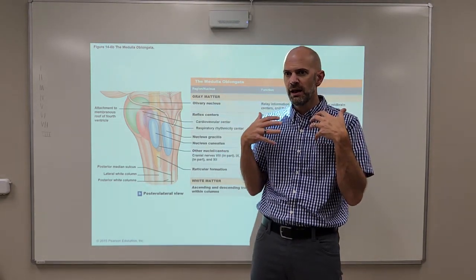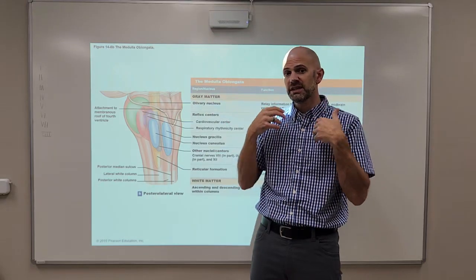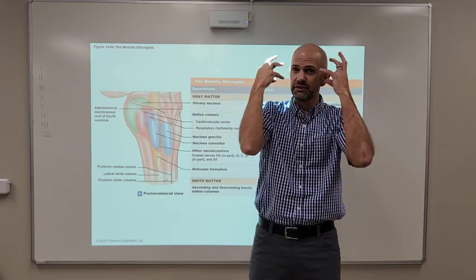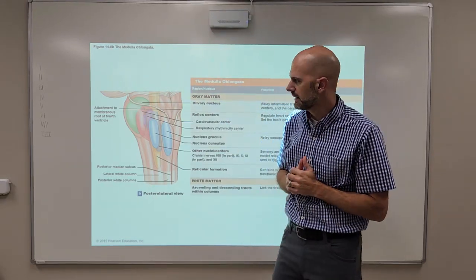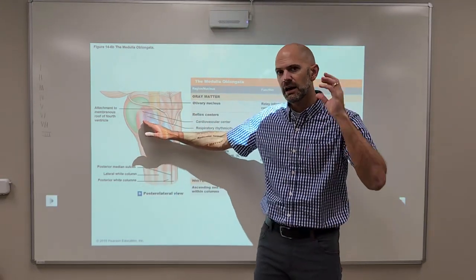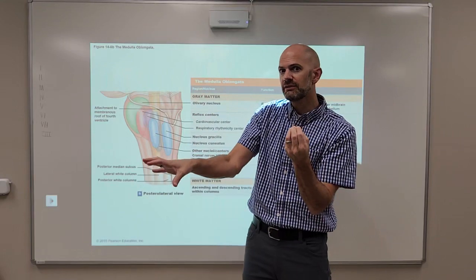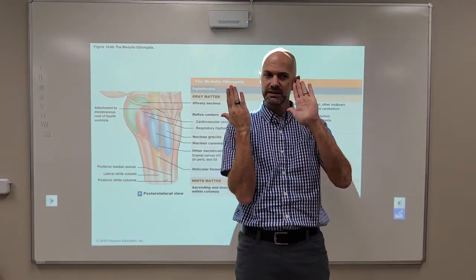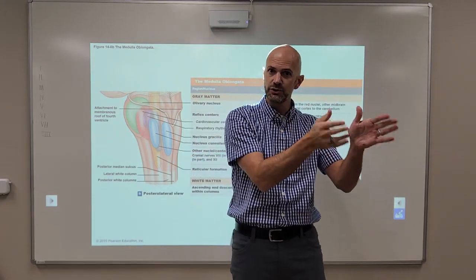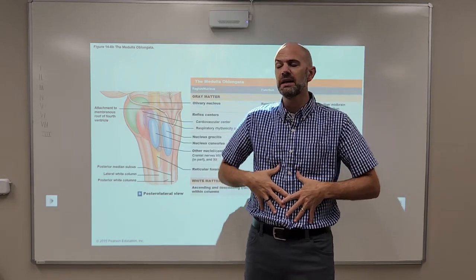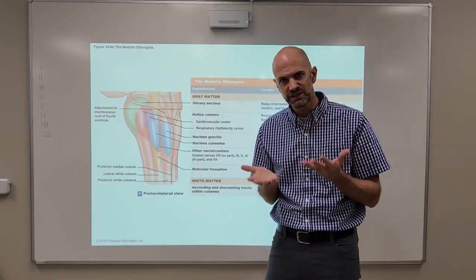Because I need to get more oxygen in to deliver it to my muscles or my brain or wherever. These nuclei are sensing those levels of oxygen and then giving commands to the heart and to the lungs, to the diaphragm, to maintain homeostasis.